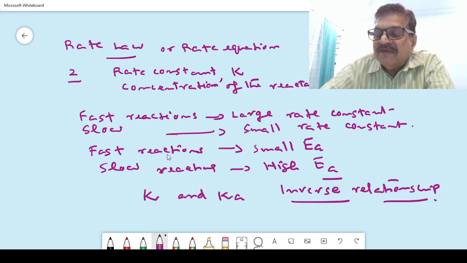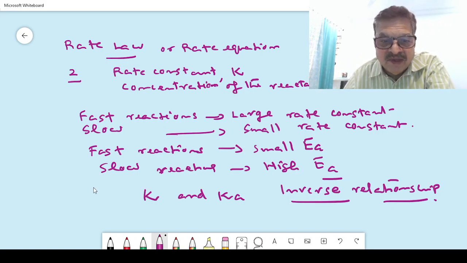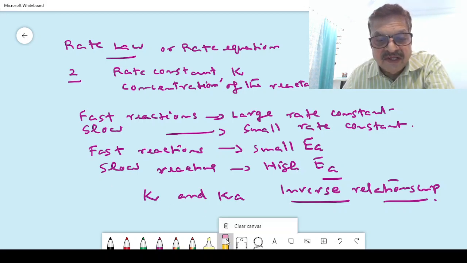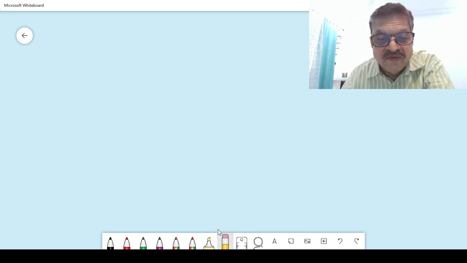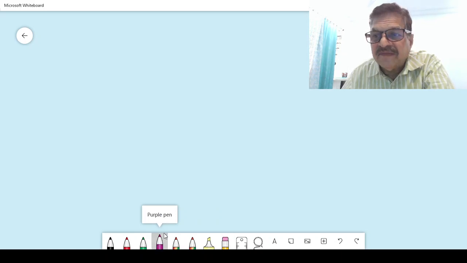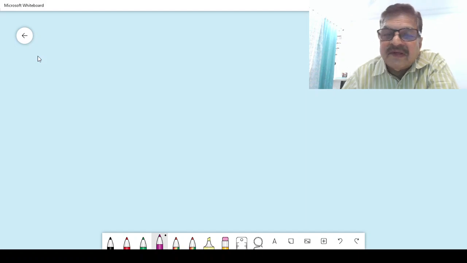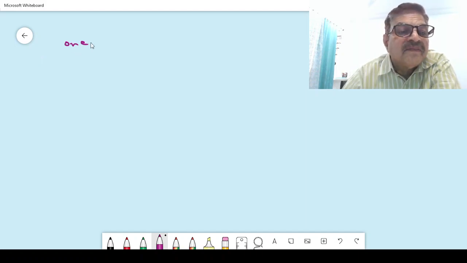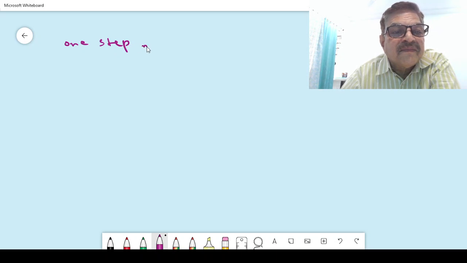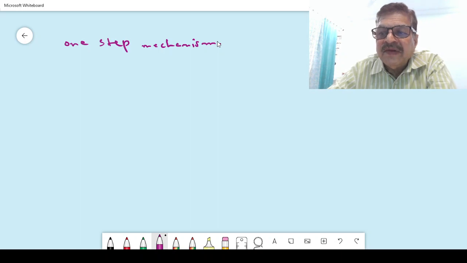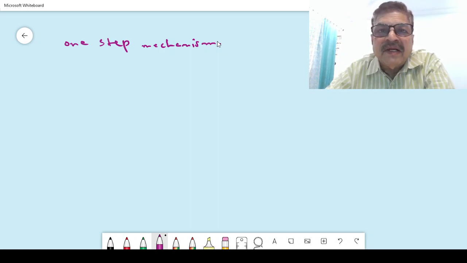So in the one-step mechanism, now let me change this page. What will be the concentration here? That is the most important point for us for understanding the nucleophilic substitution reactions, which we will be discussing later in other classes. So one-step mechanism means what? Bond breaking and bond making take place simultaneously.